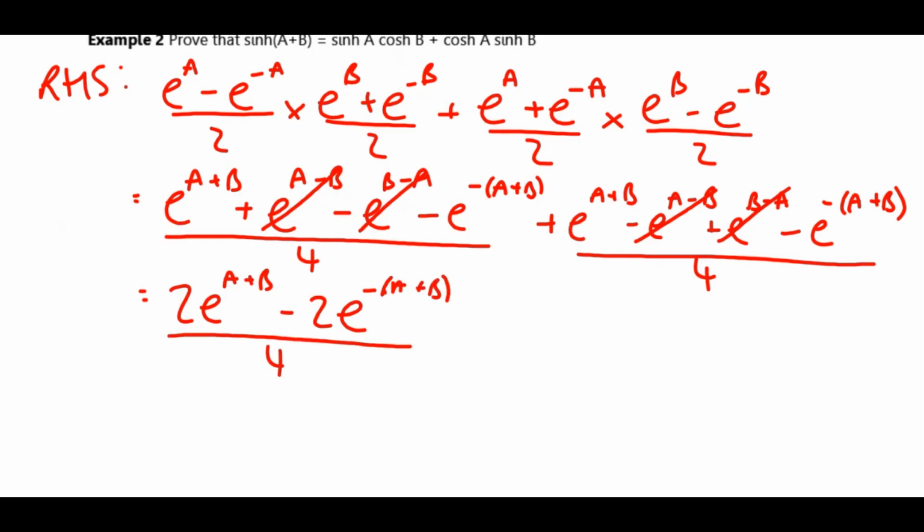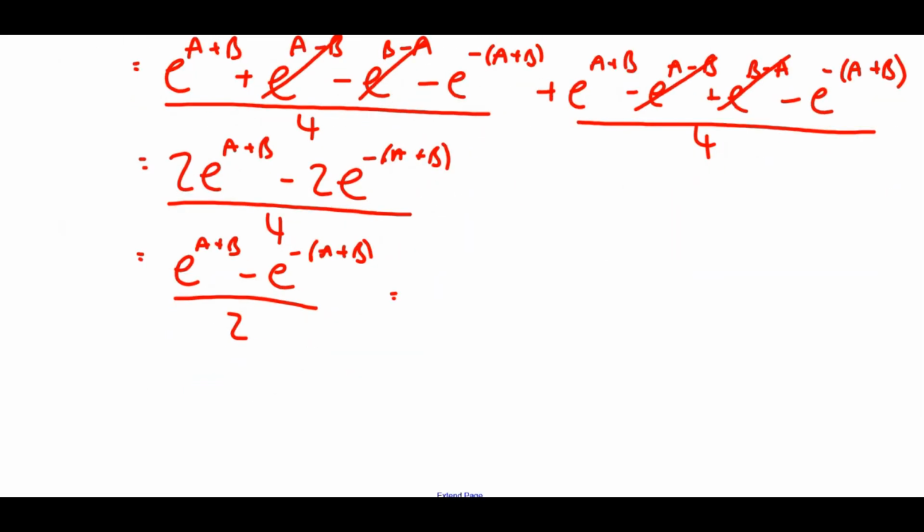Obviously, you can cancel a factor of 2 to give you e to the A plus B minus e to the minus A plus B over 2, which should look familiar to you as the form of sinh. So this is sinh of whatever's in the power, which is A plus B, again, as required.